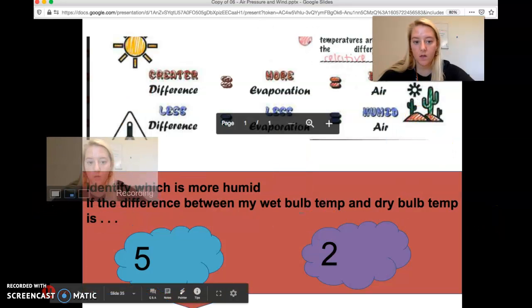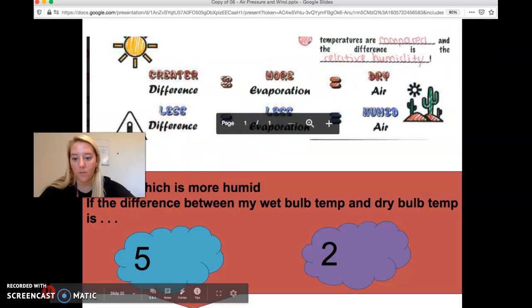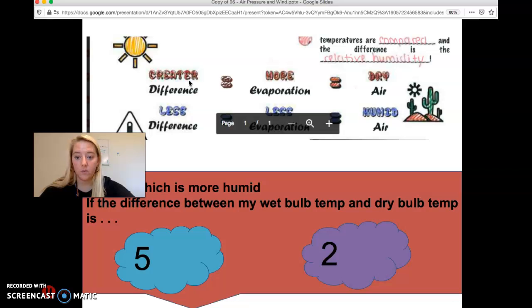Again, we're going to compare the difference between our wet bulb and our dry bulb temperature. We have found out through studying that if there is a greater difference between the wet bulb temperature and the dry bulb temperature, that means that there's more evaporation, meaning that the air is very, very dry.